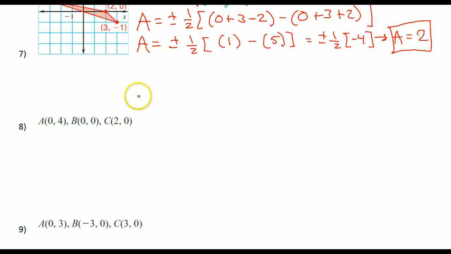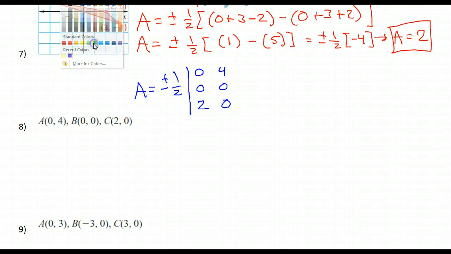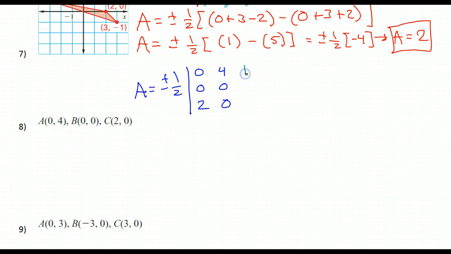So number 8. The area is going to equal plus or minus 1/2 of this determinant. So to build my determinant, I'm doing 0, 4, 0, 0, 2, 0. That's my 3 points. Okay, for the other part, I just use ones. 1, 1, 1.